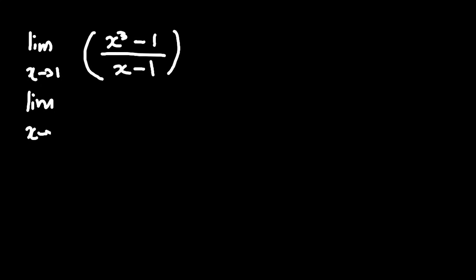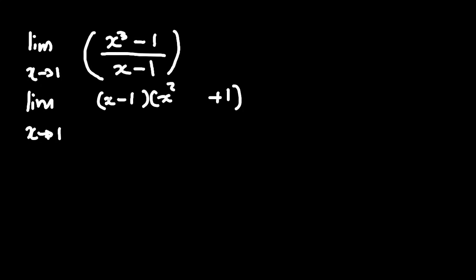So I will have my limit as x approaches 1 of, then I have to open my parentheses as I did there with a and b, and then I'll have x here and 1 there. Then I will have the factor of x cubed, which I can multiply by x and get x cubed, it will be x squared, and the factor of 1, which I can multiply by minus 1 and get minus 1, it's positive 1.